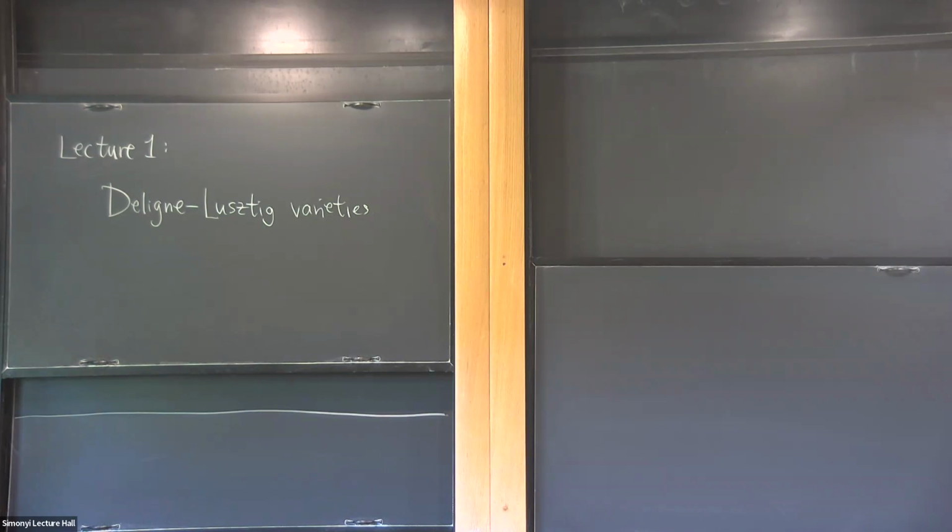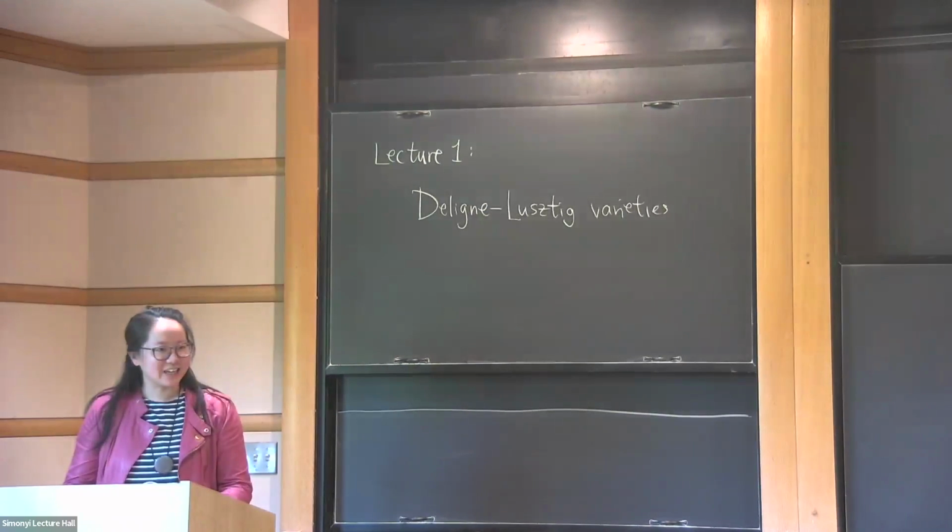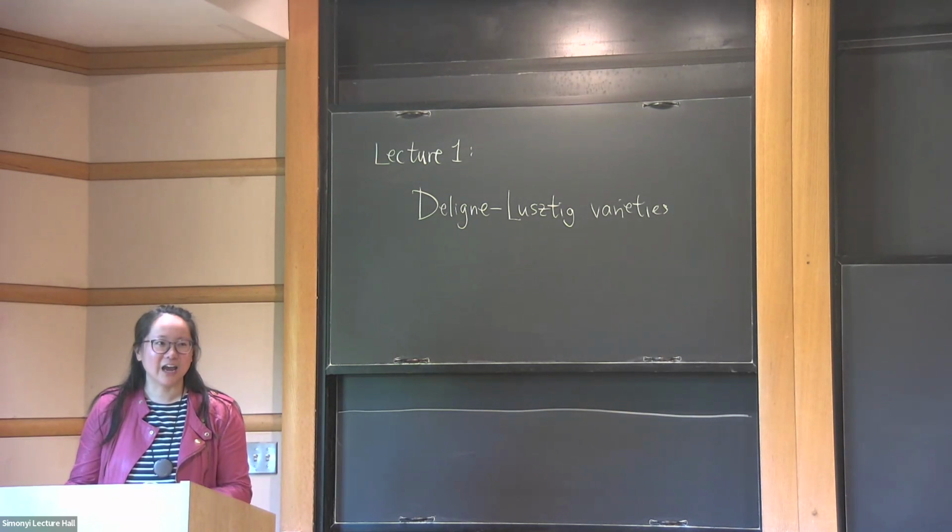It's an honor and a pleasure to be here. So let me say a little bit about my interests. I'm interested in representation theory, and especially in its interactions with algebraic geometry and number theory.